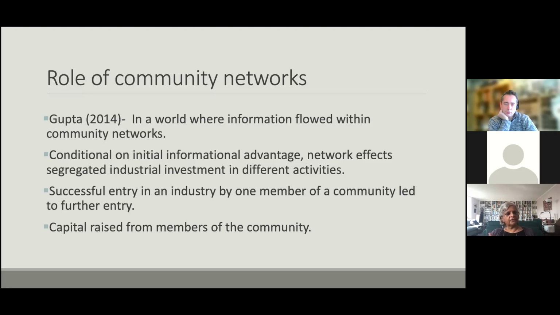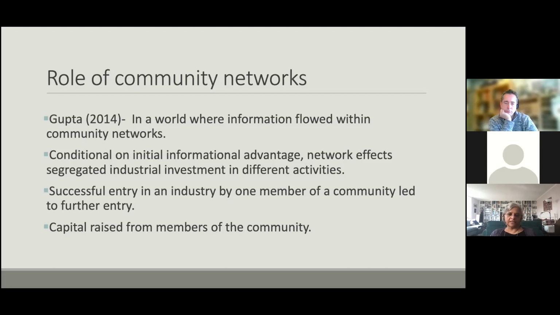But other than the British interest, there were several Indian interest groups, Indian social networks defined by caste or religion, who had a very similar structure. Information flowed within these community networks.